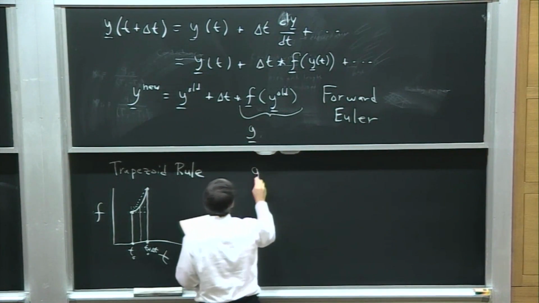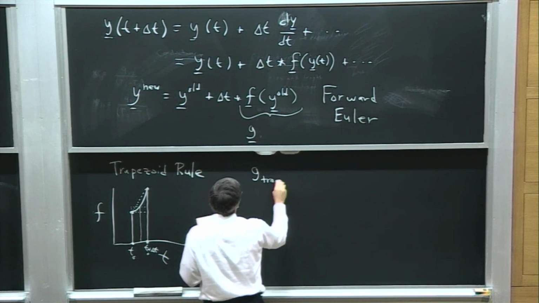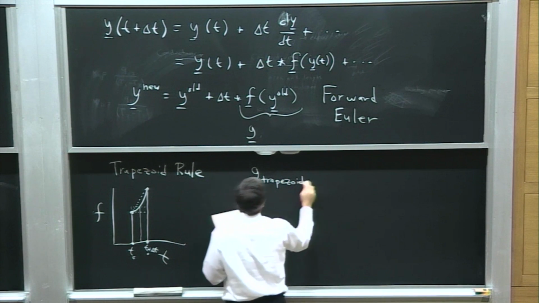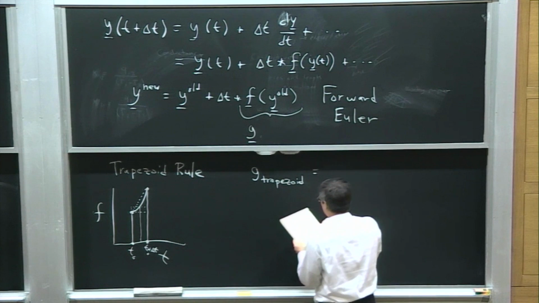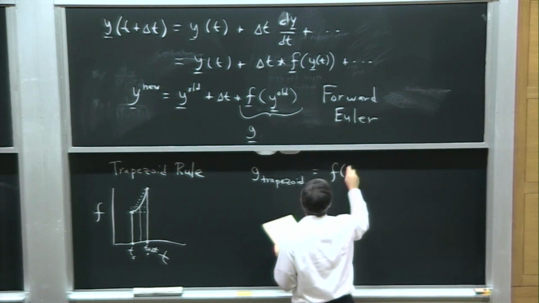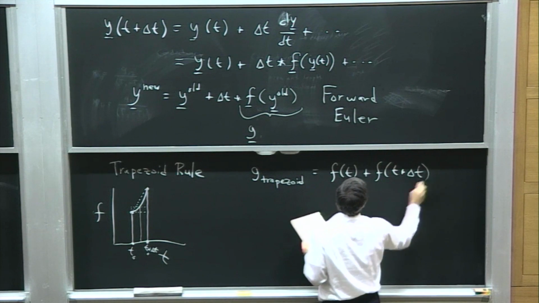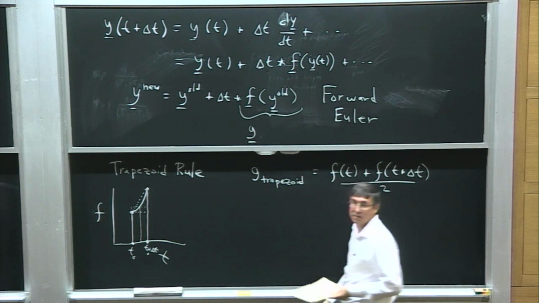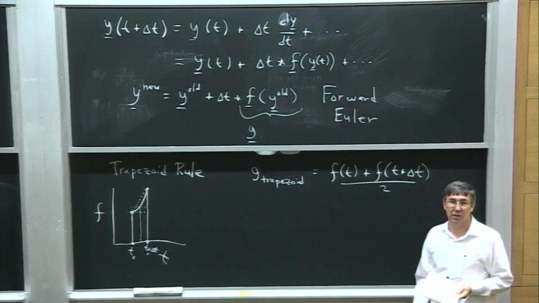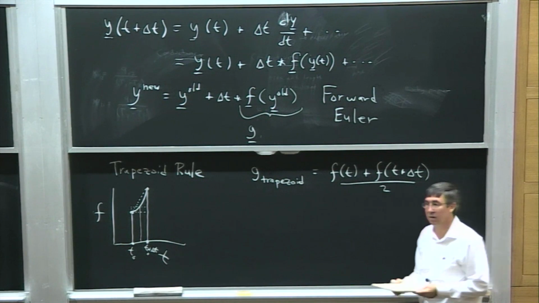So what's the G for the trapezoid rule? It's f of t plus f of t plus delta t, over 2. Right? That was the G you used when you did the trapezoid rule when you were kids.